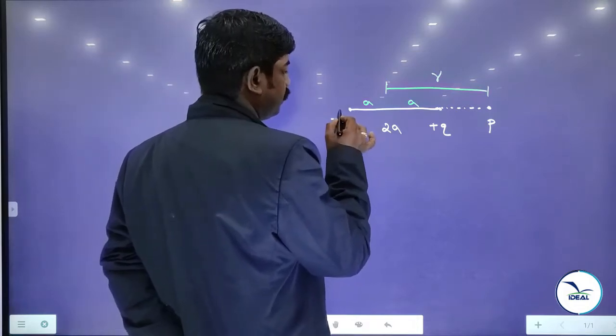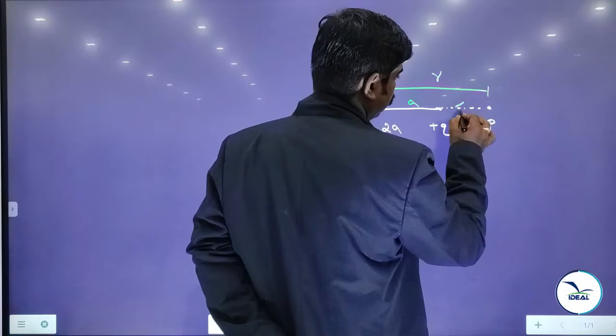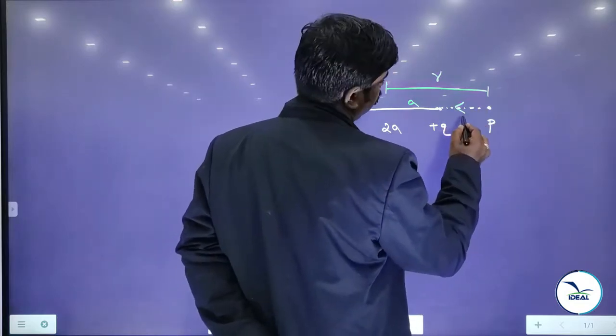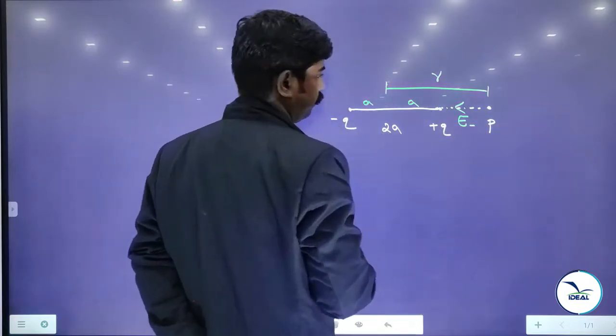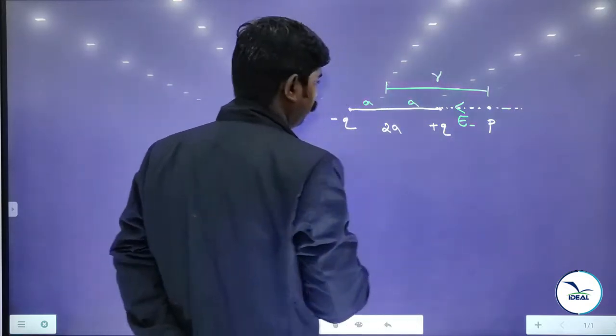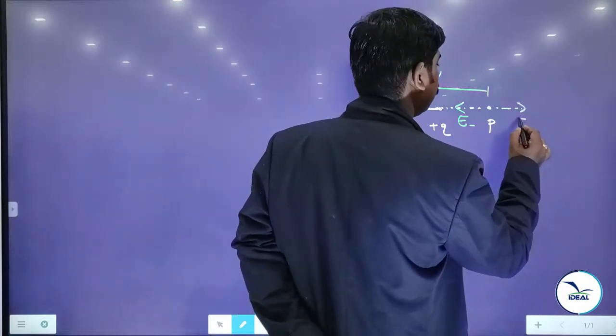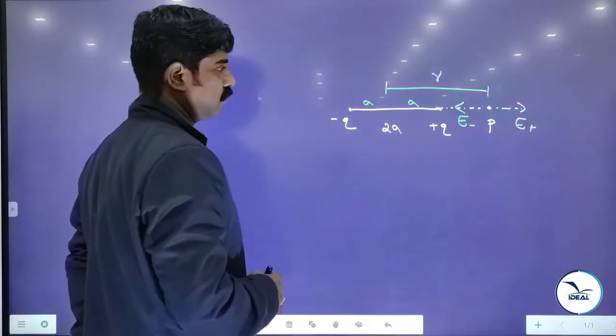And due to this negative charge, there is an electric field, that is E minus. And for the positive charge, there is an electric field, it is taken to be E plus.